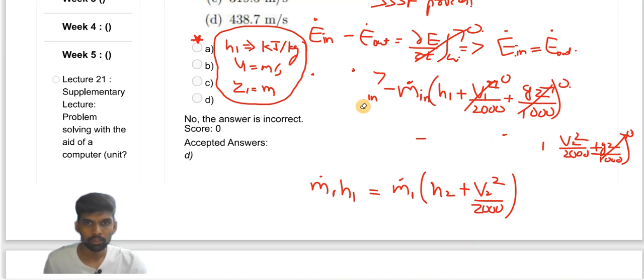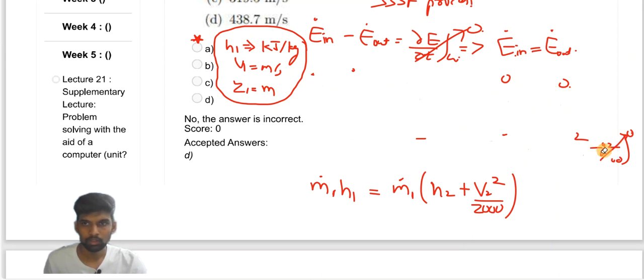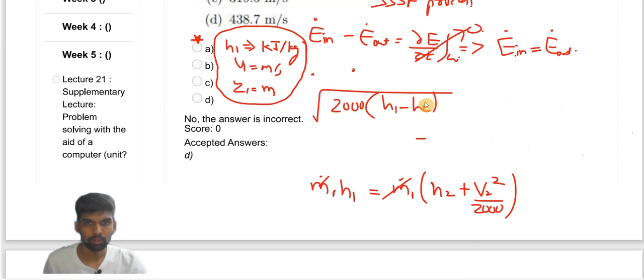Then it's just algebraic manipulation. Thermodynamics is over. So what we'll get, this will cancel from both the sides. So we will have the square root of (h1 minus h2) times 2000, which is nothing but equal to v2.